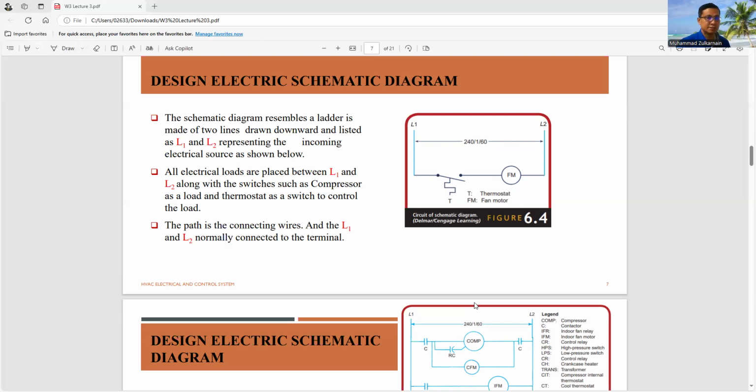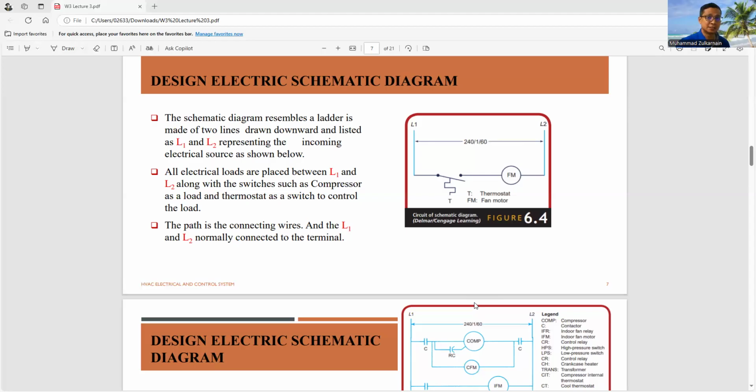Actually, the schematic is very simple for describing the circuit system, especially for us in mechanical engineering. We understand easily and absorb information from the design of the circuit system. So once you are assigned as an engineer in the HVAC system, you should understand the condition of the whole HVAC system, especially the refrigeration system.